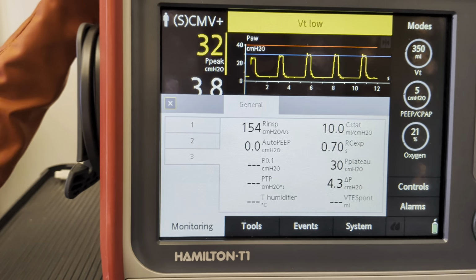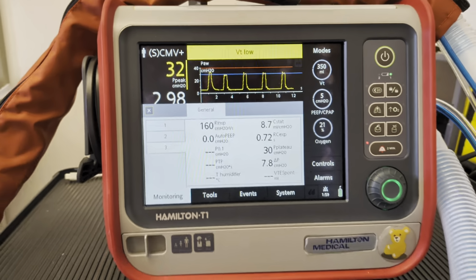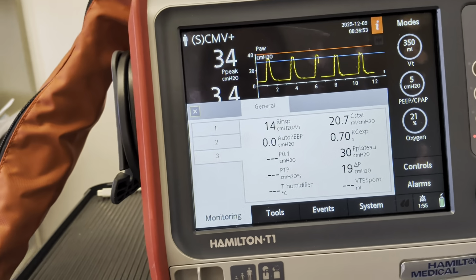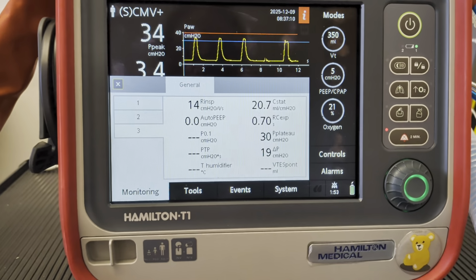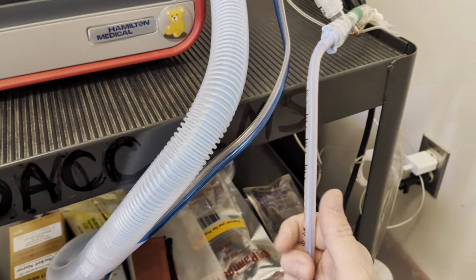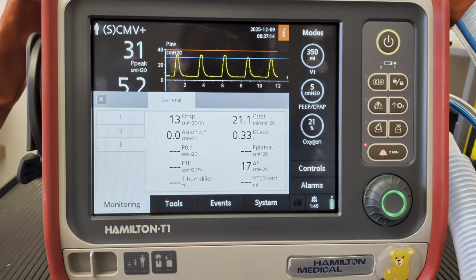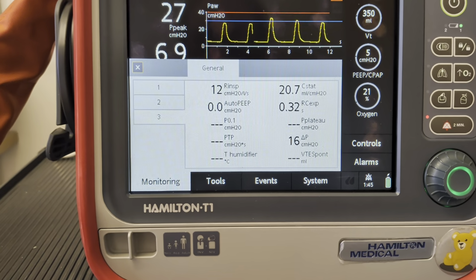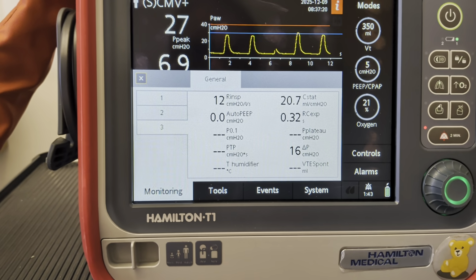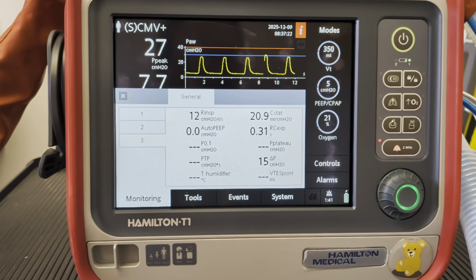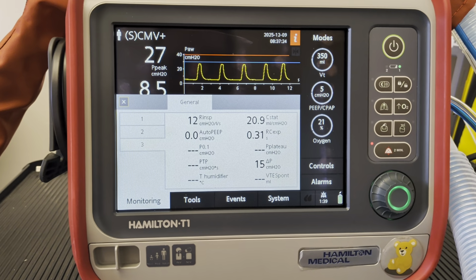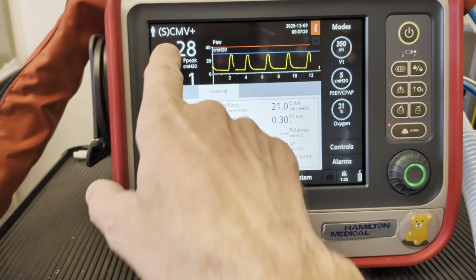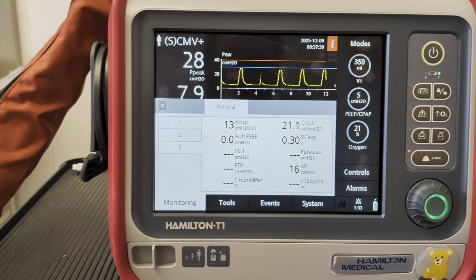Now, if you were to see this occur suddenly like that, where it goes from 13 to over 100 suddenly, there are things you need to think about, like a kinked endotracheal tube, or perhaps a pneumothorax that has become a tension pneumothorax. Oftentimes, people will tell you that if somebody develops a tension pneumothorax on a ventilator, you're going to see a marked increase in the peak inspiratory pressure.